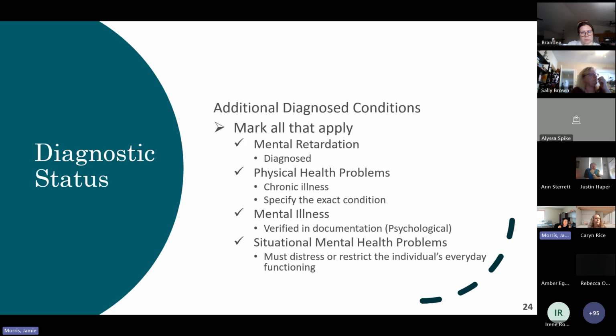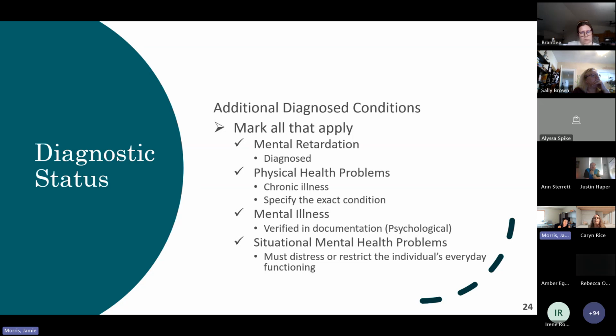So we're on number 9 now. In order to be considered for additional diagnosis for MR, again, we're marking all that apply. So they may have MR if they have it diagnosed by a qualified provider, and it has those areas we talked about earlier: an IQ score of 70 or below, and an adaptive score of 70 or below.